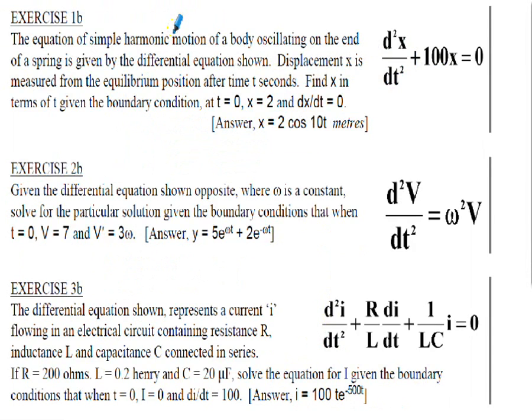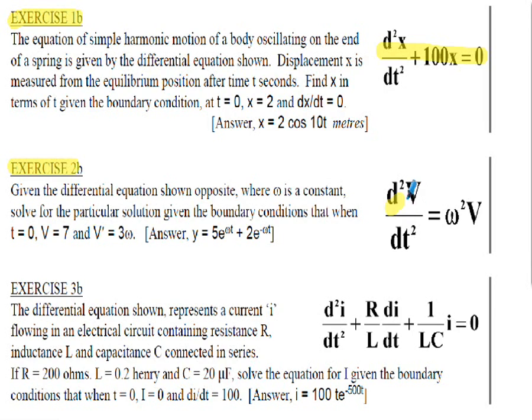Here are some further exercises related to contextualized problems in mechanical and electrical engineering, but essentially the same kind of solutions are required as shown on the previous slide. In exercise 1b, the differential equation is shown here in the correct format with all the terms on the left hand side, but be careful with exercise 2b.